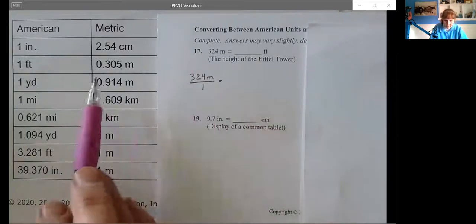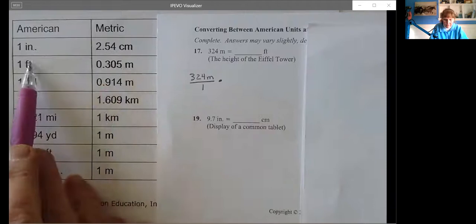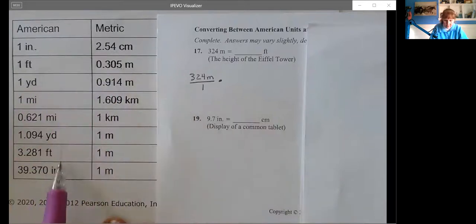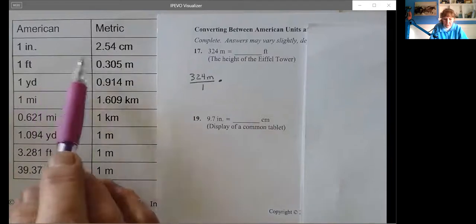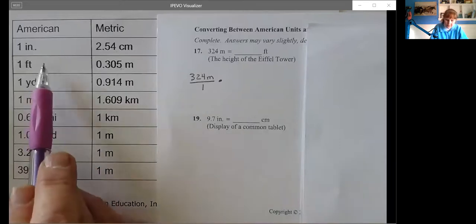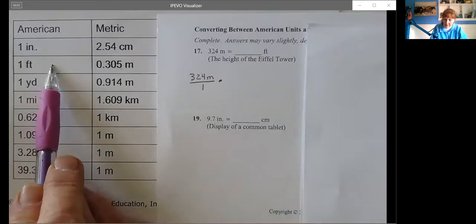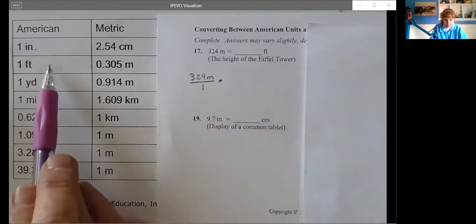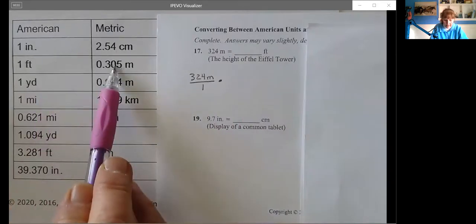Well, let's see, we want meters and feet. Here's 1. Meters and feet. Oh, and here's another 1. It doesn't matter which one of these you use, you'll get the same answer. You want to use this one where you put 1 foot. Here we want feet, so we put that in the numerator, that in the denominator.